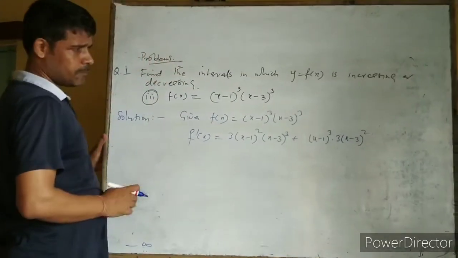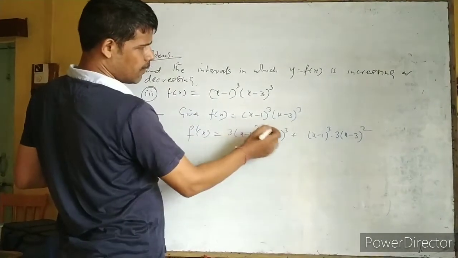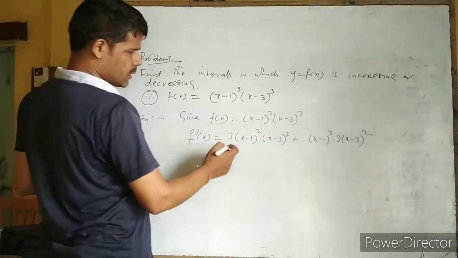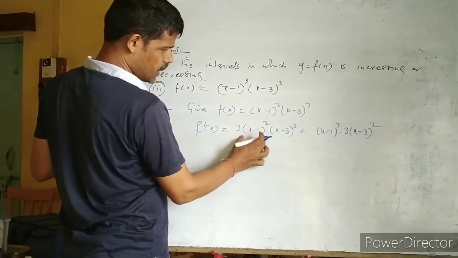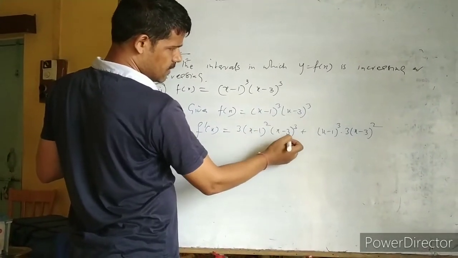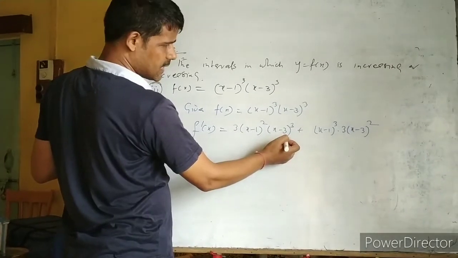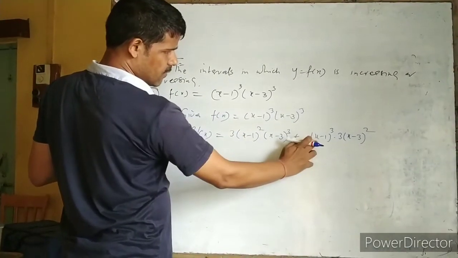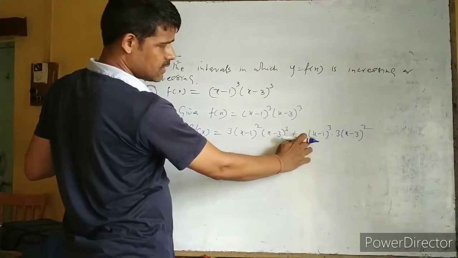Alright, to differentiate this we will be applying the product rule. What is the product rule? First we differentiate this part and keep the other as it is. Then we keep this as a constant and differentiate the other.